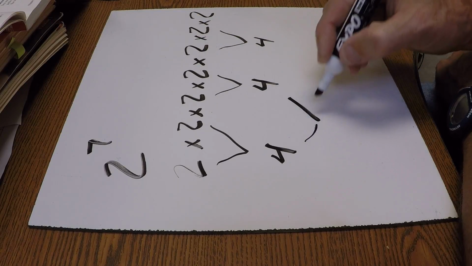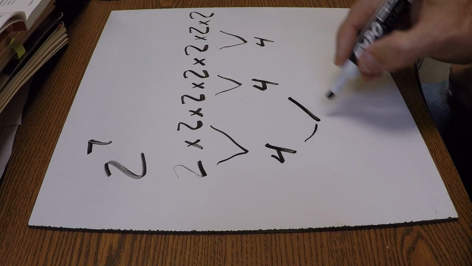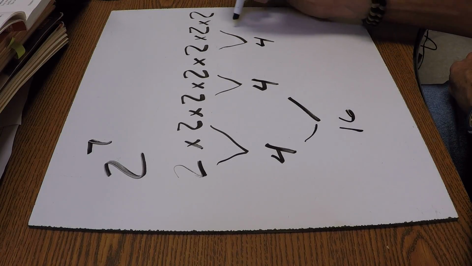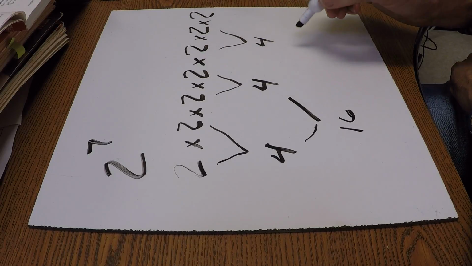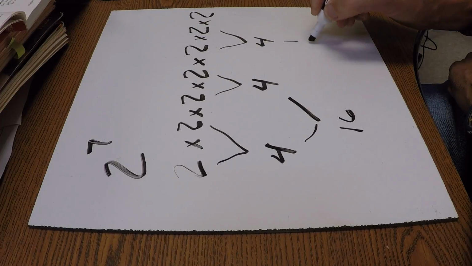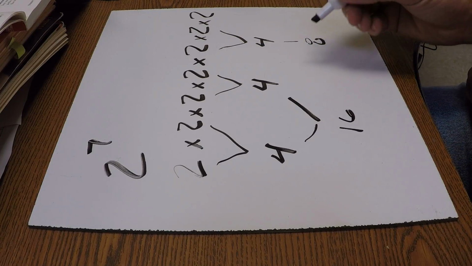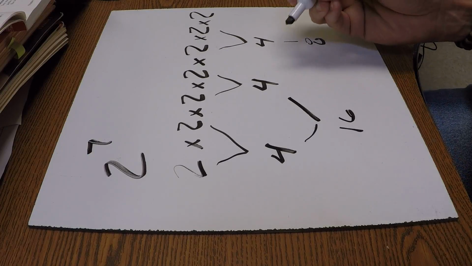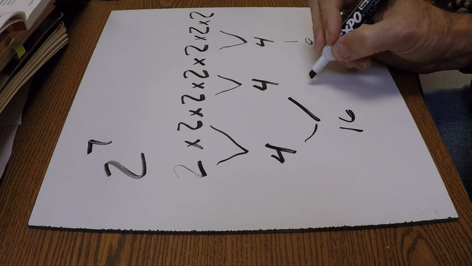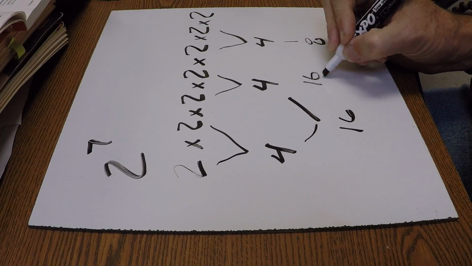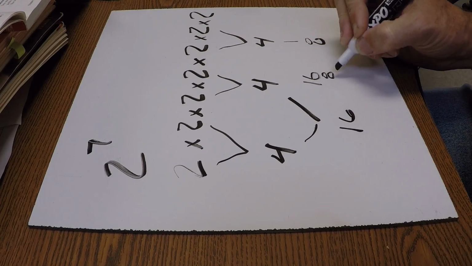Double up what you can. 4 times 4 is 16. And before we forget about it, let's go ahead and throw in this 2. 4 times 2 is going to be 8. So if I do 16 times 8, I should be able to come up with the value.